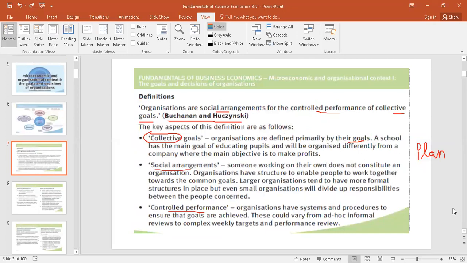See, when there is a plan decided for people to implement, everybody in this social arrangement, the people who come together, would be implementing this plan.